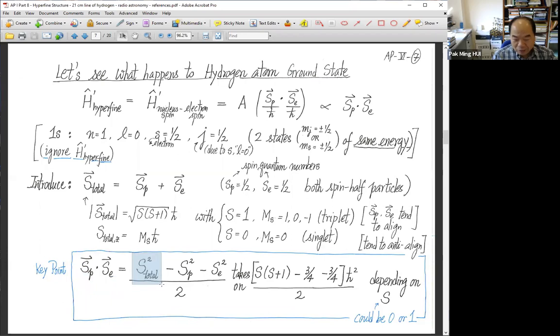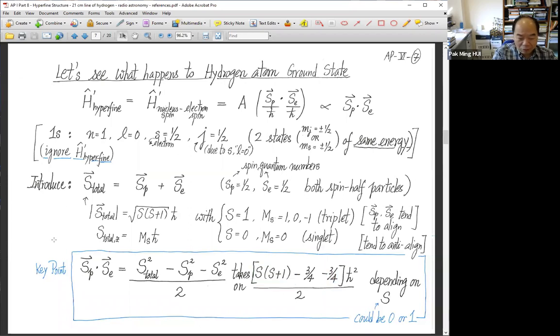In our context, that will be the total spin square minus proton spin square minus electron spin magnitude square, okay? But both are spin half, therefore it's a boring 3/4. This is half times half plus 1, okay? And then electron also spin half, so they're the same. This S can take on 0 and 1.